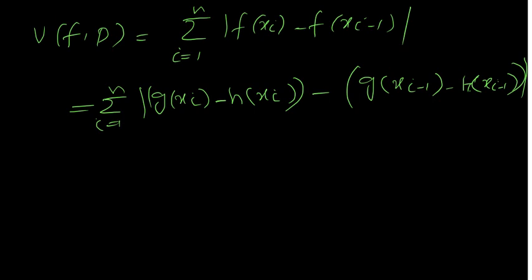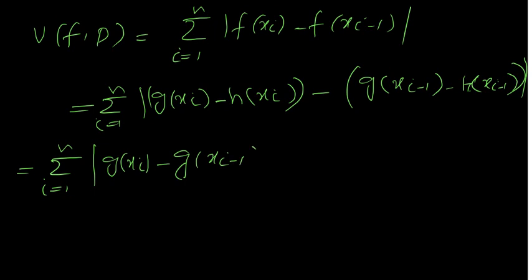This is equal to the summation i runs from 1 to n of mod of g of xi minus g of xi minus 1, let's club the g terms, then minus times h of xi minus h of xi minus 1.